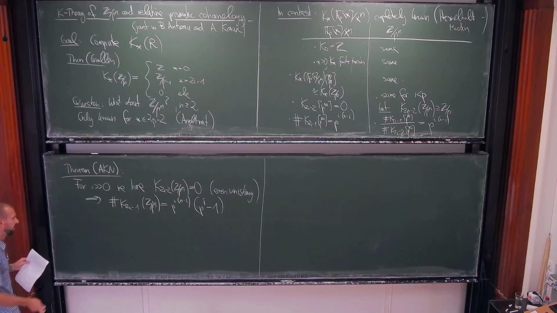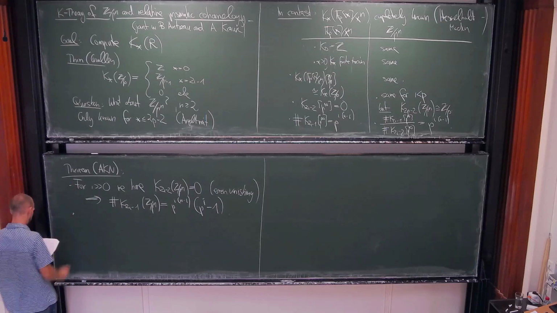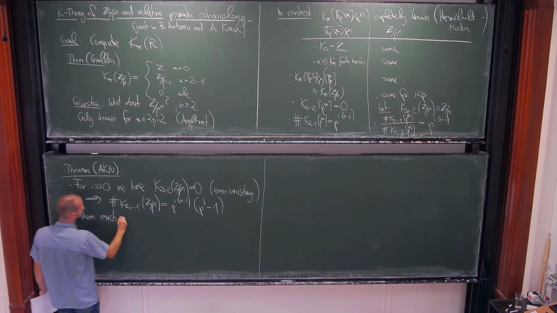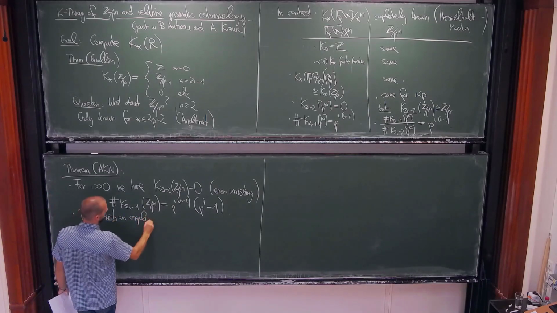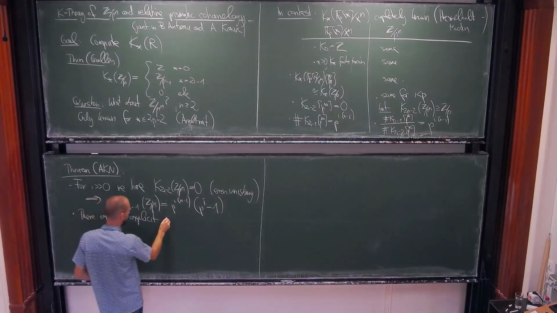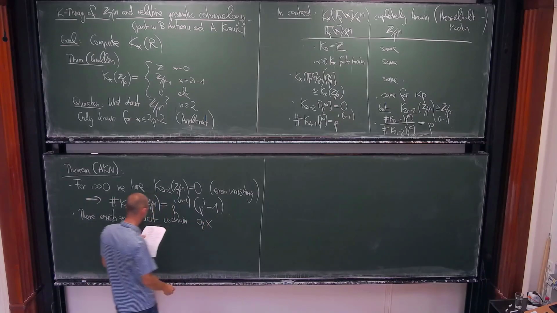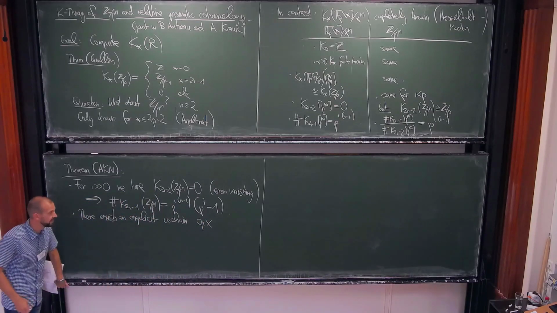And in fact, we also prove something about that, namely the following: there exists an explicit cochain complex of the following form for every fixed I and n.